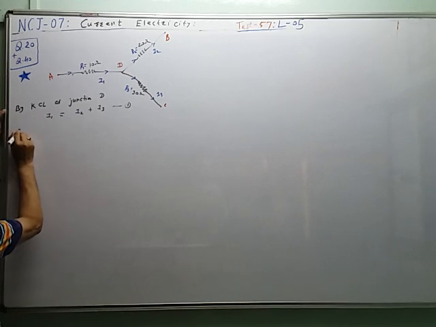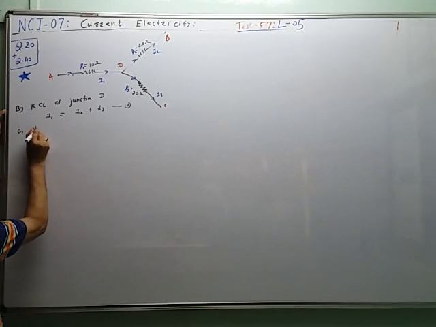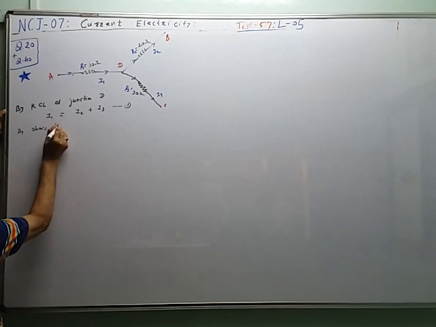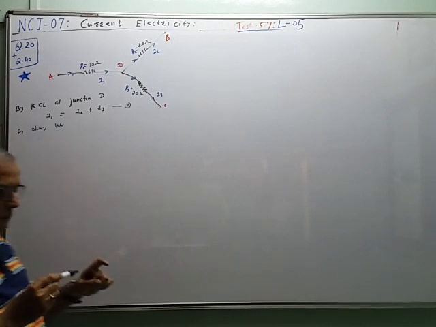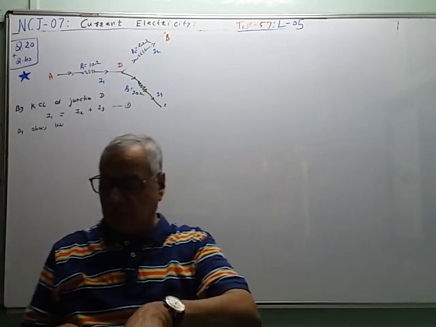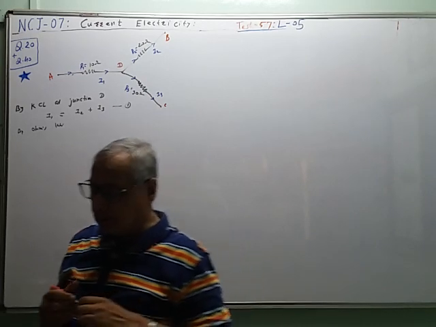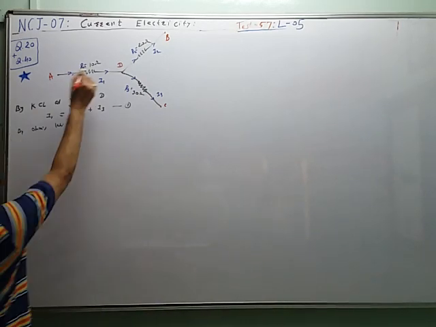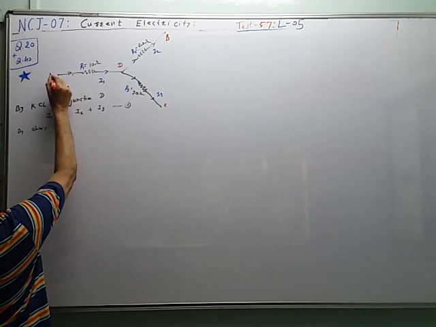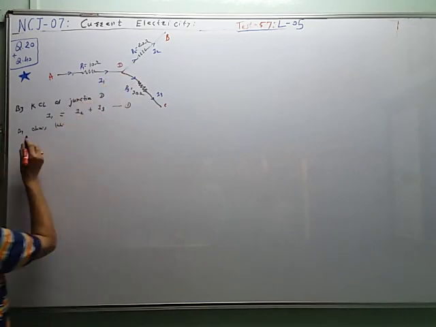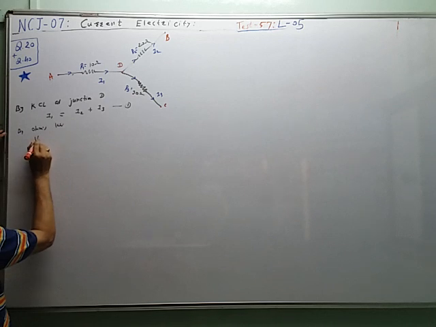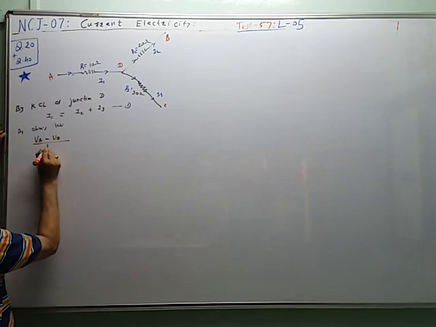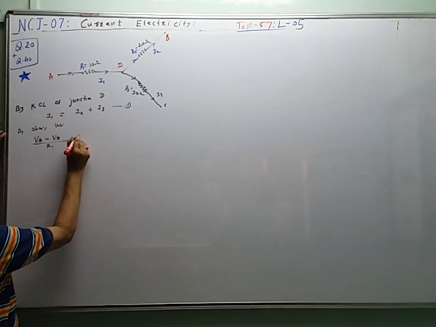By Ohm's law, this I1 current is equal to the potential difference VA minus VD upon R1.